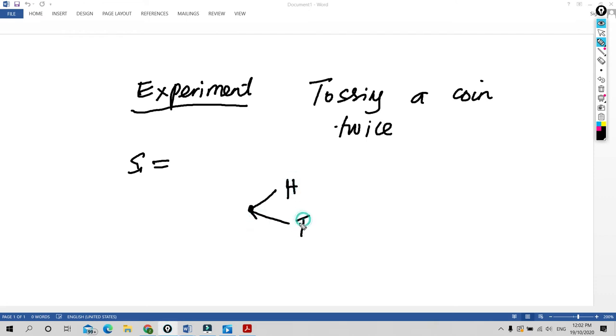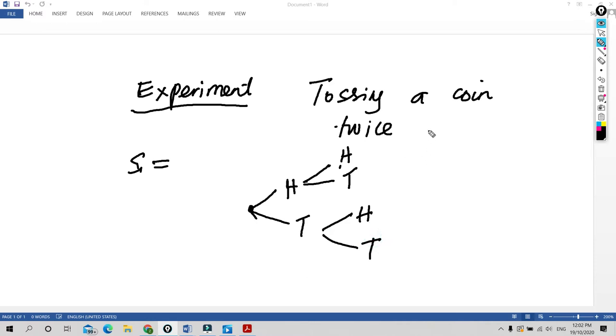These are the first experiment, first outcome. Then in the second toss, you can get either head or tail. Here also you can get head or tail.